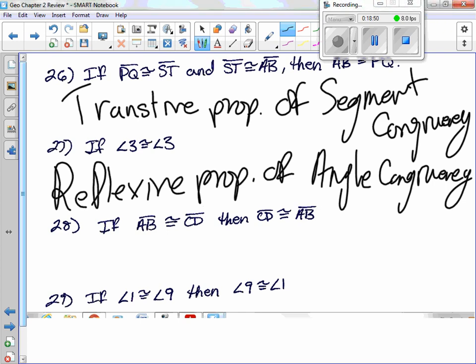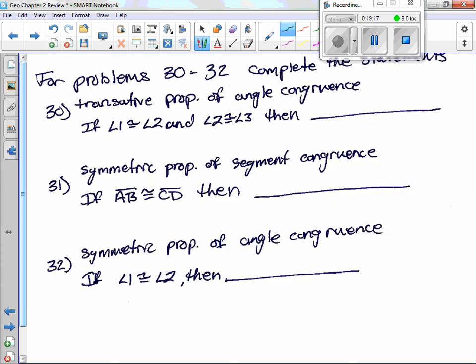Because again, it's applying or figuring out which of the properties lines up. The next one is symmetric property of line or segment congruency. And the last one is the symmetric property of angle congruency. So just identifying what they are. Any questions on 26 through 29? Any questions on any of these here? If we're good with these here, we'll move on to the next one.